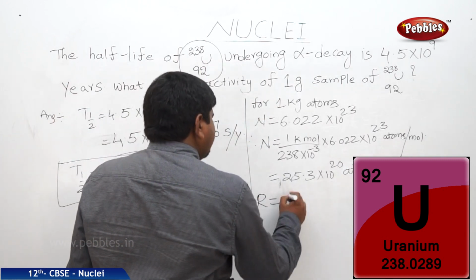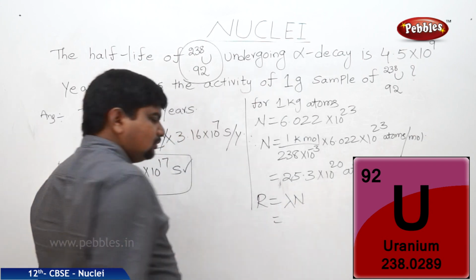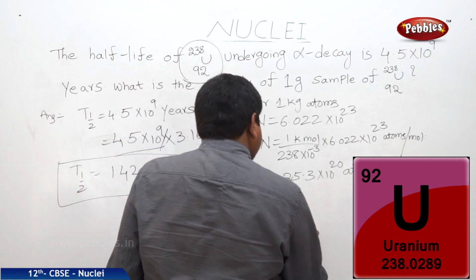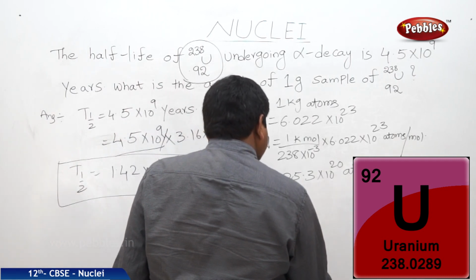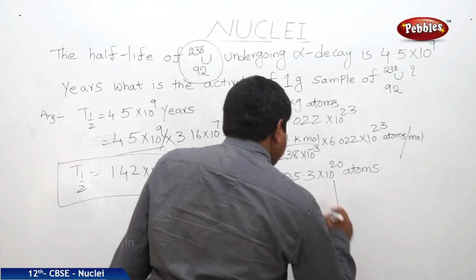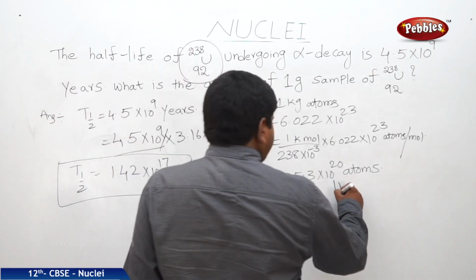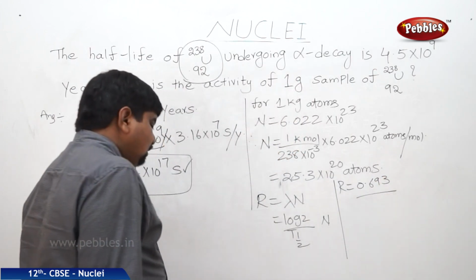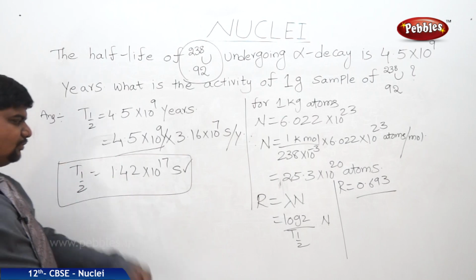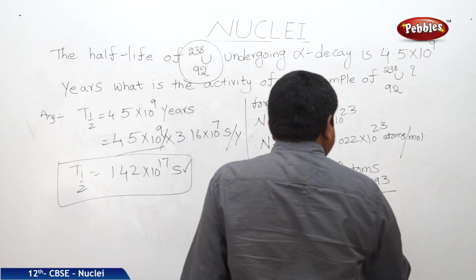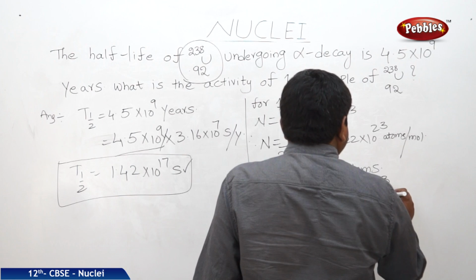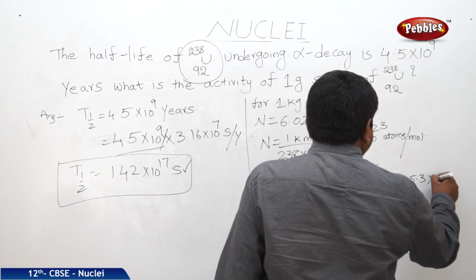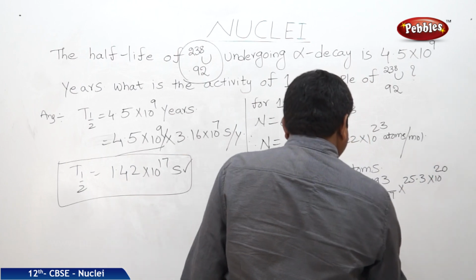Activity R is equal to lambda n, but lambda is equal to log 2 by t half into n. So what is log 2? Therefore R is equal to 0.693 by half-life in seconds, 1.42 into 10 to the power of 17 seconds, N is equal to 25.3 into 10 to the power of 20.